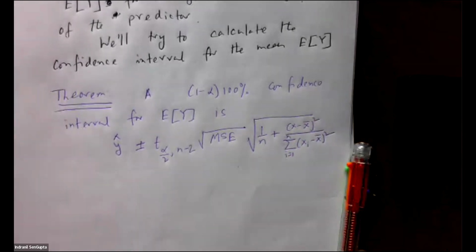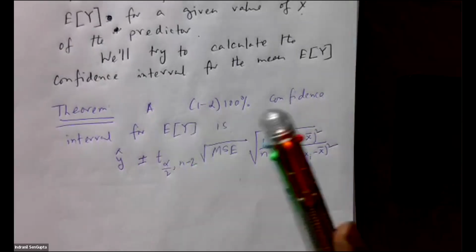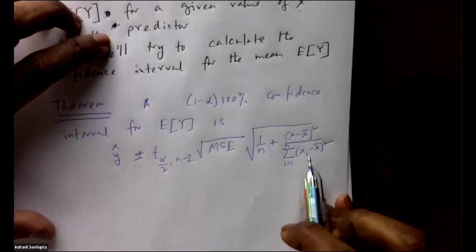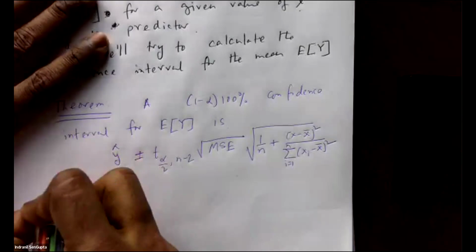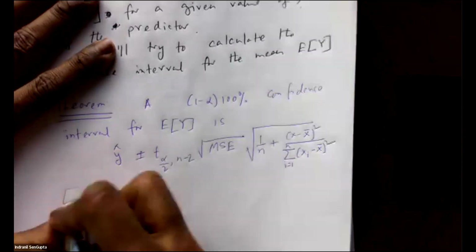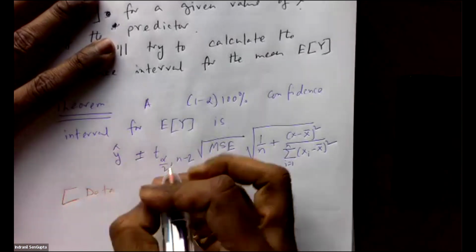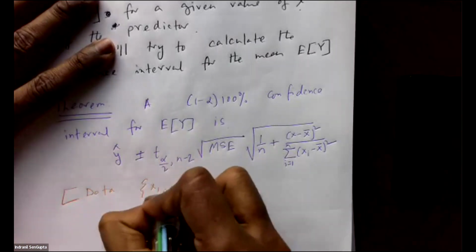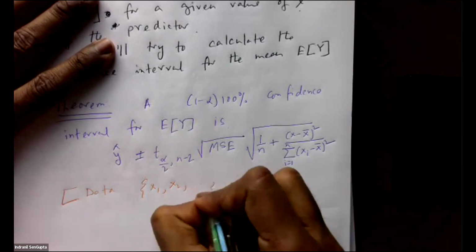Okay, so there are several things. This x is a new variable, and the data set is, let me just make it precise, really x1, x2, ..., xn.